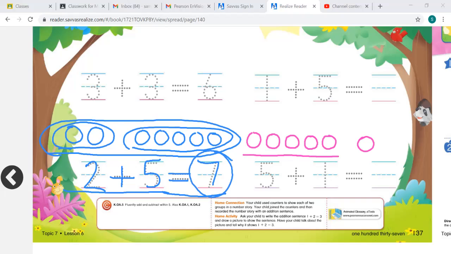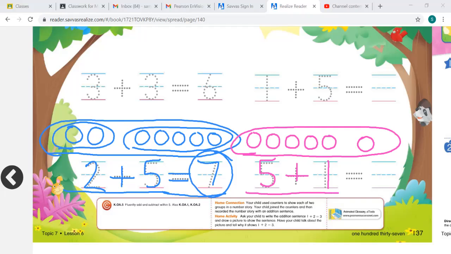Remember, we want to join our two groups. So let's write our addition sentence. What numbers are we going to write? 5 and 1. We are joining them. So we're going to add our plus sign.